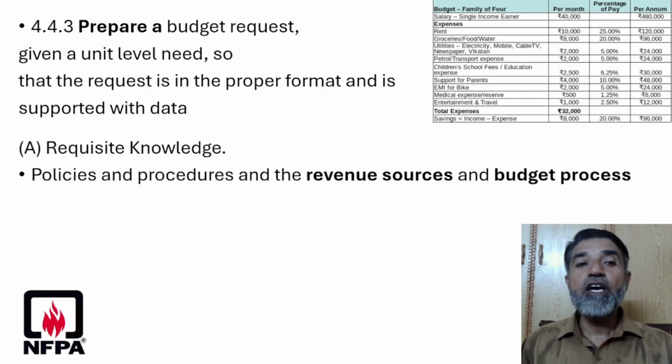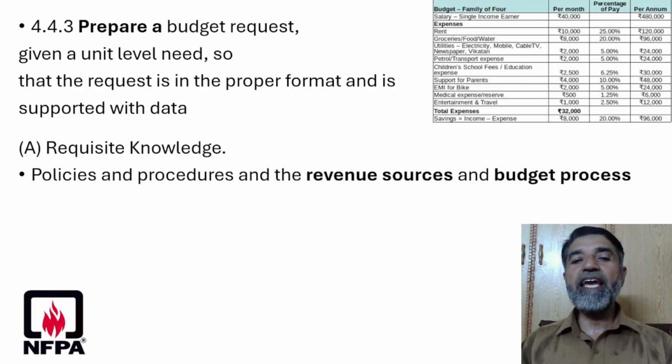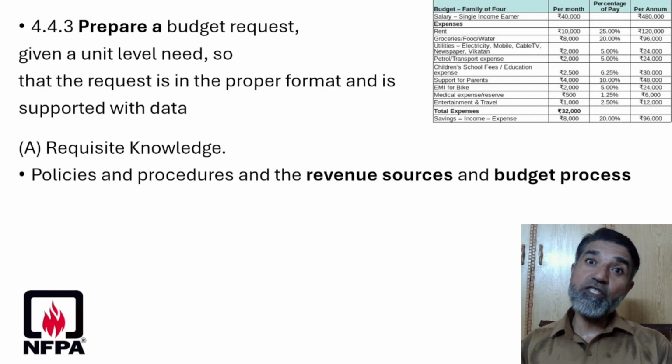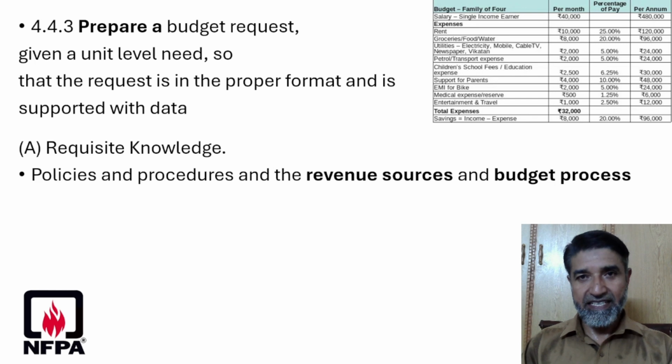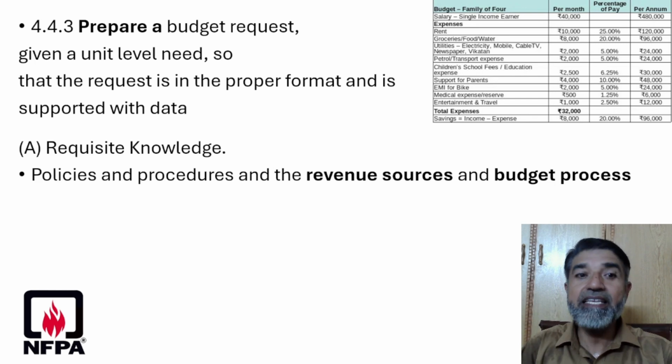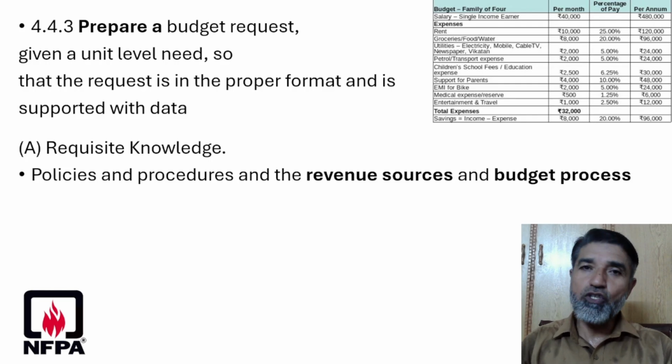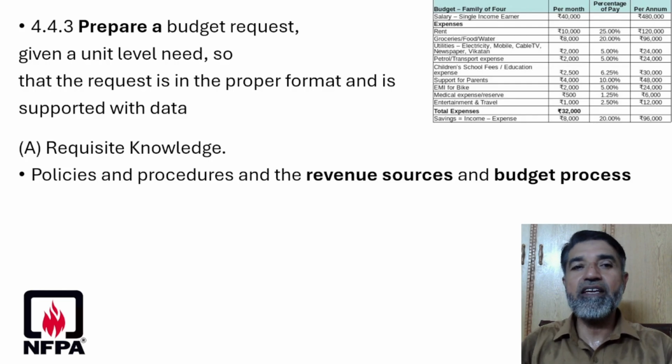The requisite knowledge for this is policies and procedures, revenue resources and budget processes, and the policy and procedure related to finance: who will deal with them, who will approve them, how to send them. This is the knowledge essentially needed for a fire officer to generate the budget request.